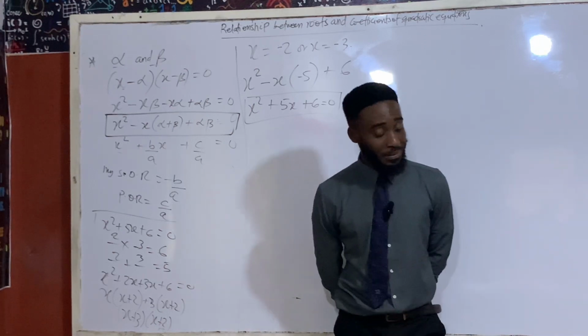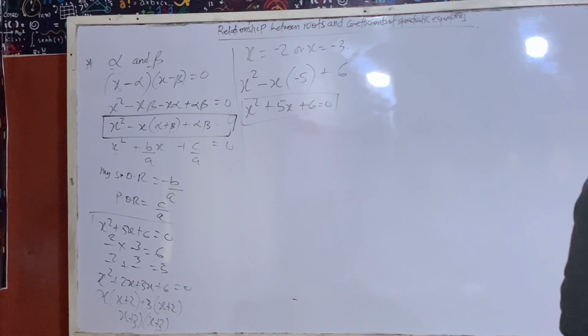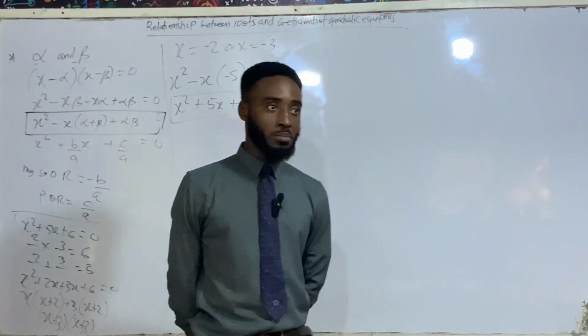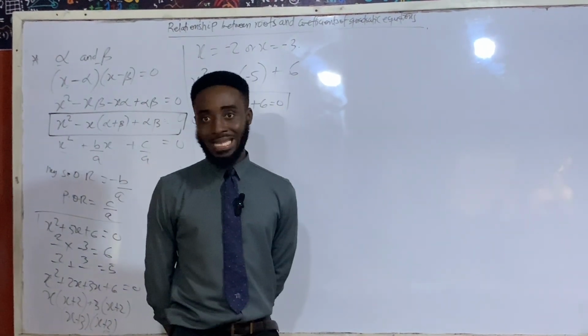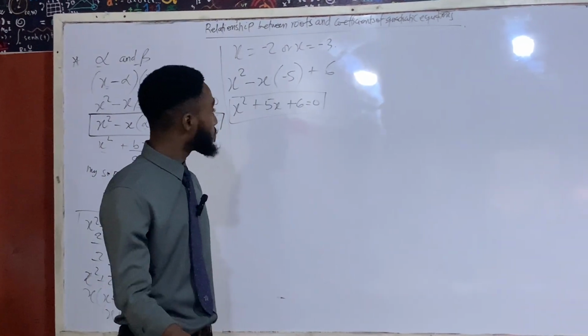I think it should be done faster. Sum of roots is 7 and product of roots is 10. What will be our answer? Sum of roots, and plus 10. Do you also agree to that? Okay.